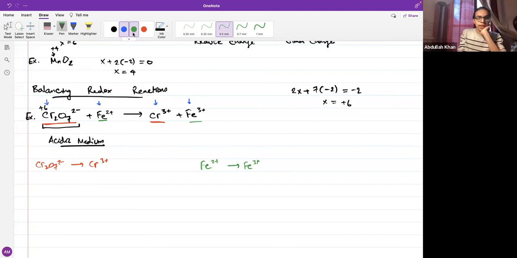Remember, on the left-hand side, our focus is only chromium, nothing else. Chromium is going from a charge of +6 to +3. And on the right-hand side, iron is going from a charge of +2 to +3. Which one's oxidation, which one's reduction, left or right? You tell me.